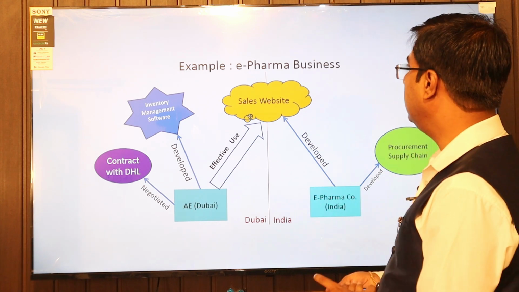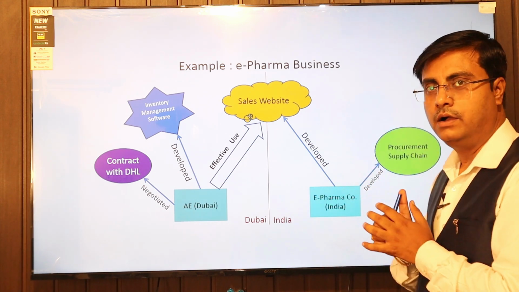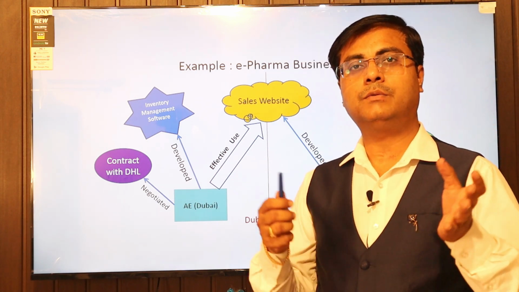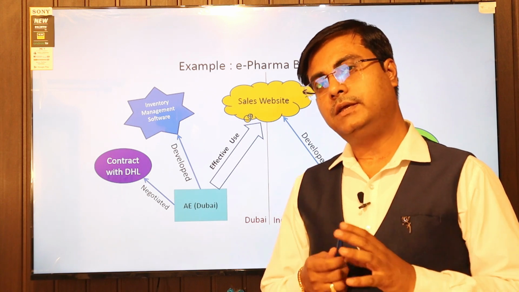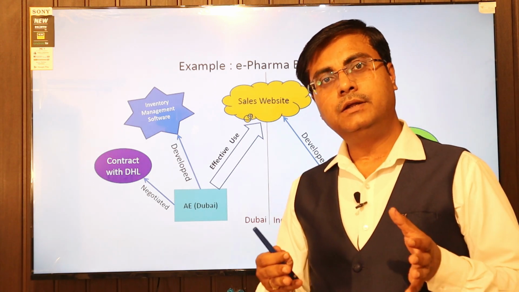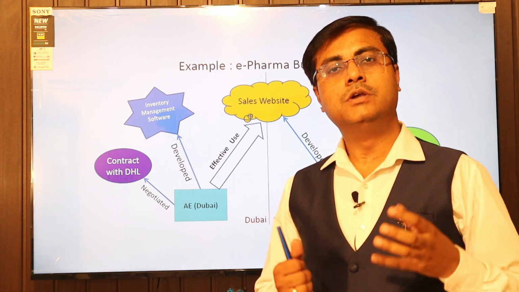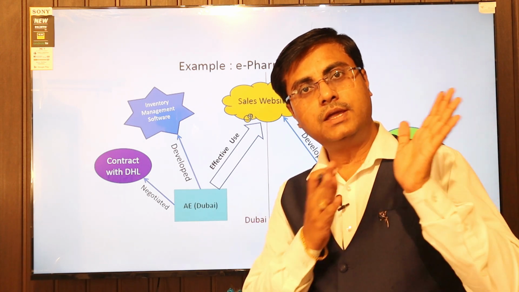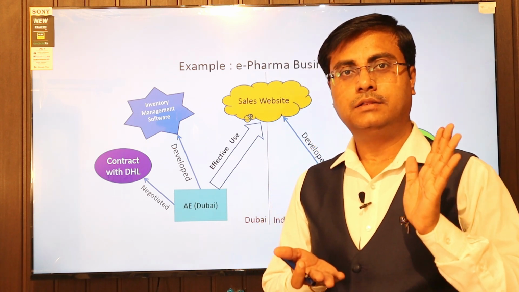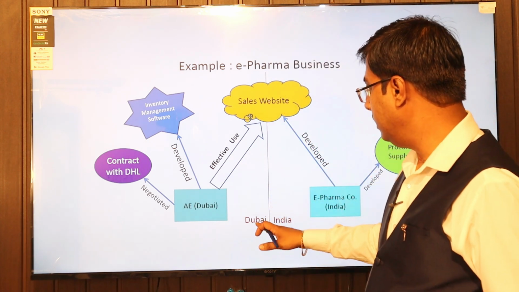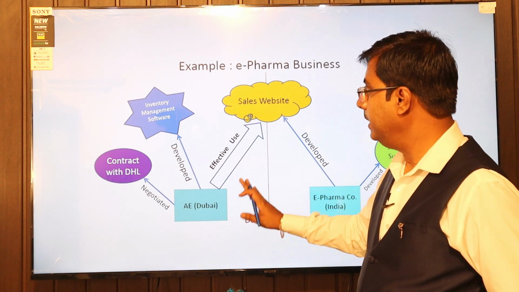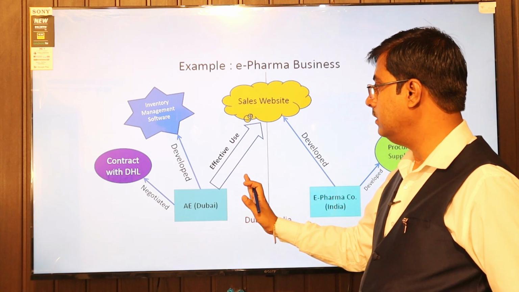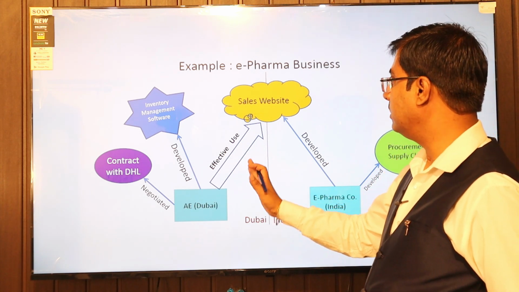So this is an example of e-pharma. Right now you have seen various server, virtual PE concepts are there. Everyone is situated in the tax haven zone. Their server is situated in their country. They are looking just at the market in India. They are having a company in Dubai, maintaining every inventory, software, contract with DHL, everything negotiated outside India.